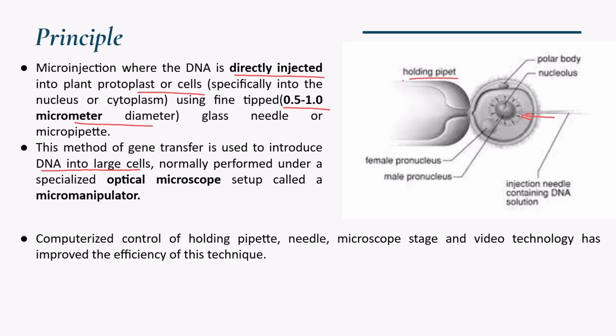A holding pipette is used to hold the cell, and then from the opposite side we inject the cells with the genetic material. And this setup, that is this microinjection plus the optical microscope, is together called the micromanipulator. And this computerized control of the holding pipette, needle, etc. has increased the efficiency. Nowadays there are highly sophisticated machines for doing microinjections.